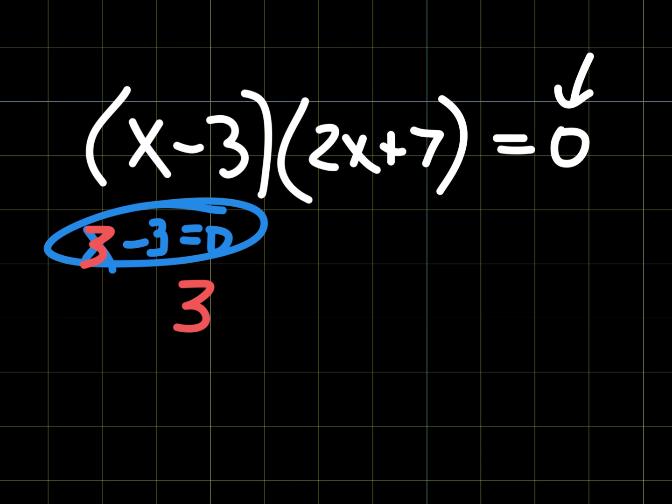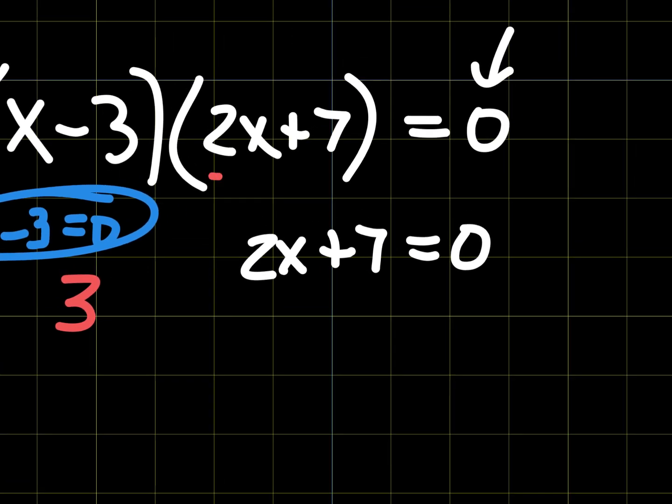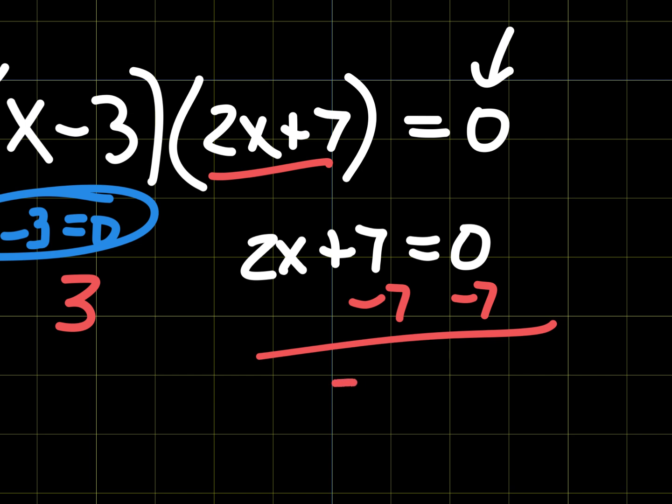So what makes this one equal 0? Don't try to guess and check your way to it. Most kids will get something wrong. They'll be like, oh, I know it's a fraction, and I know it's got a 7 in it, and it's true, but just make this little equation, and then you get the simplest little 2-step equation. That equals 0. Minus 7, 2x equals negative 7, divide by 2, negative 7 over 2.